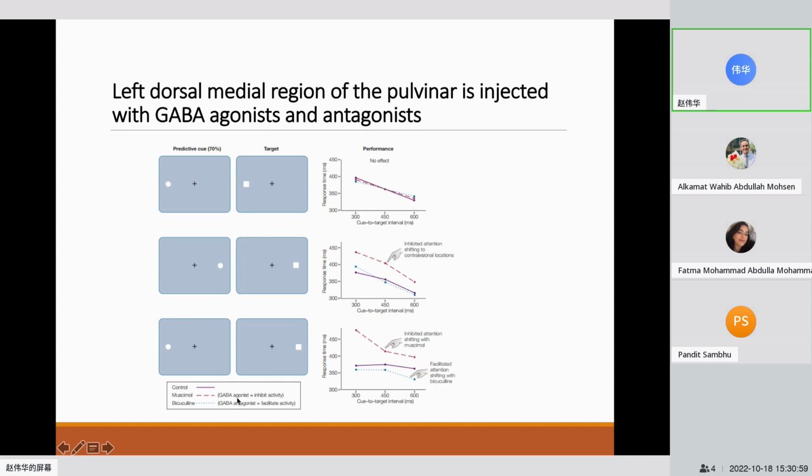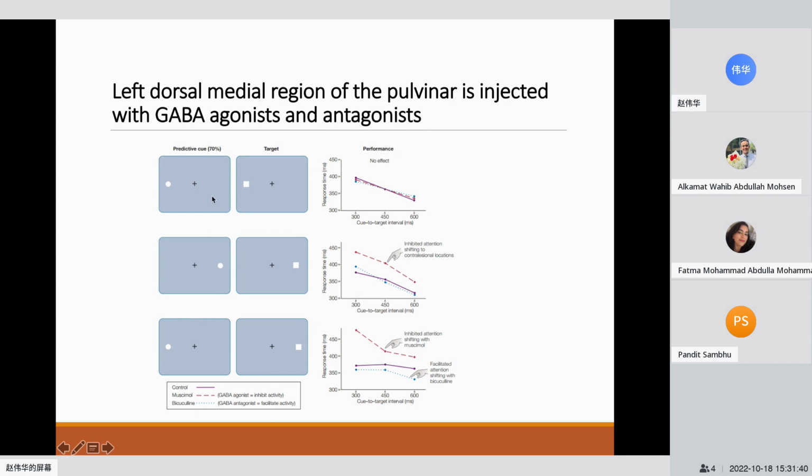In contrast, with the blue dashed line, a GABA antagonist was injected. The monkeys readily directed their attention covertly to contralateral targets. So in total, there are three subgroups: the control, the GABA agonist and the GABA antagonist.